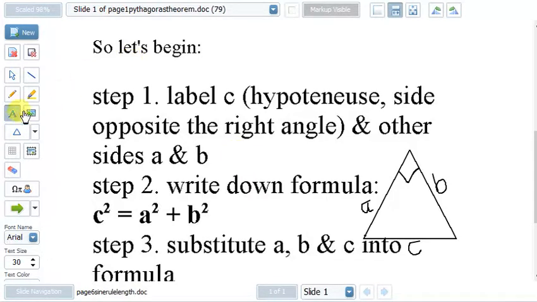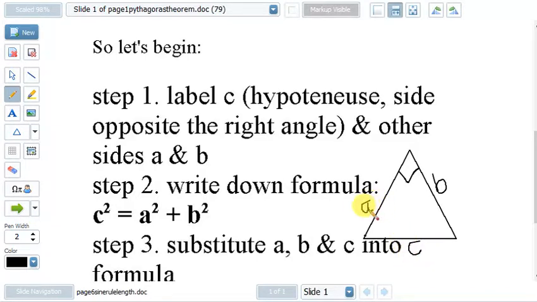If we look at this triangle here, the right angle is this one here. The triangle's not drawn to scale, but I've marked the 90° with the usual square. The side opposite the 90° is the hypotenuse, which in this case we call C.